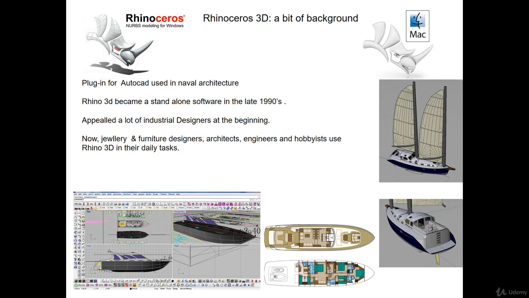But then towards the late 90s, they made a Rhino 1.0 beta version, which became a standalone and was available to everybody. So a lot of people in industrial design were really interested in Rhino from the get-go because it allowed people to create very complex organic shapes using NURBS, and I'm going to get to NURBS, what it means exactly, later on.